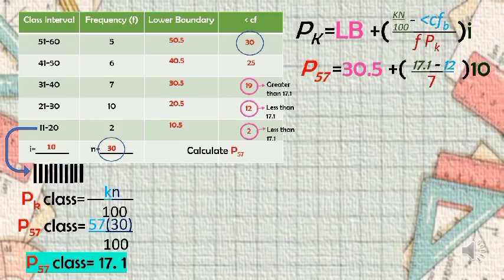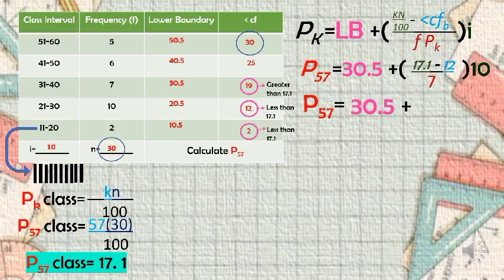Then, 12 all over the frequency of the percentile class, which is yung 7 kasi ika-third class siya doon sa frequency column, times the class width or the interval, which is yung 10. Then, we will be simplifying this. So, bring down the percentile 57, then bring down also the 30.5 or the LB plus 17.1 minus 12 is equal to 5.1. Then, divided by 7.